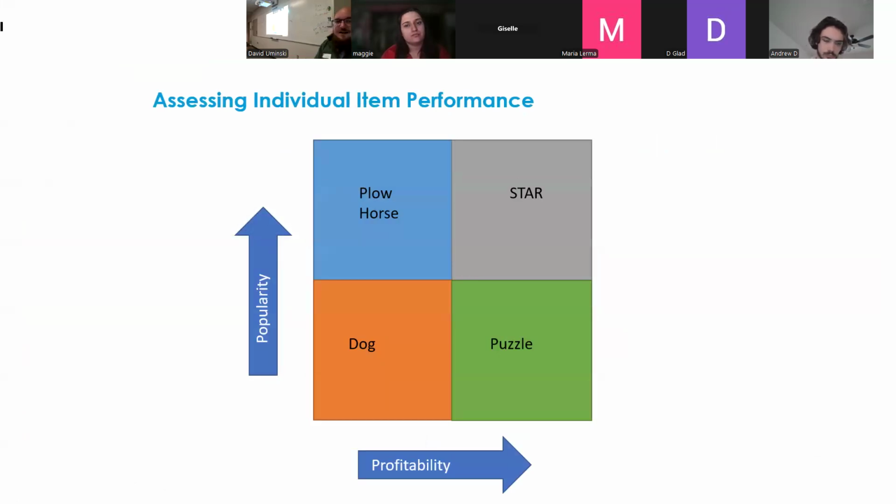Okay, let's talk about the last part of our notes page. This is our menu analysis diagram. So I want you to draw this in that empty space of number 7 on your notes page.